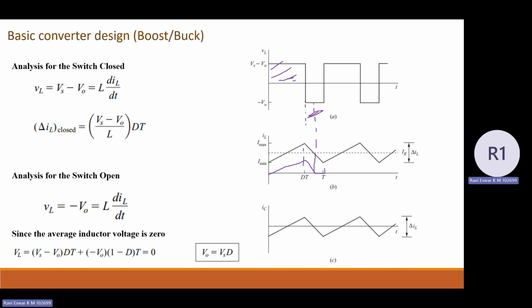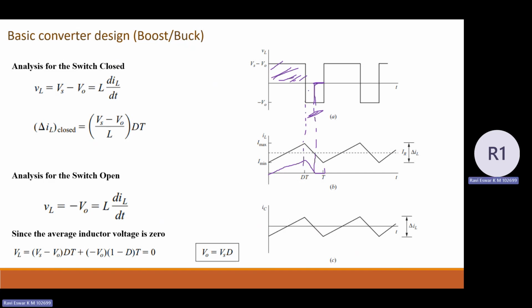Now, if I operate in discontinuous conduction mode, then the voltage in mode 2 is going to be 0 here itself at this particular instant. That is what we have seen.